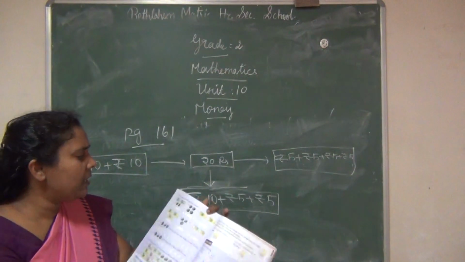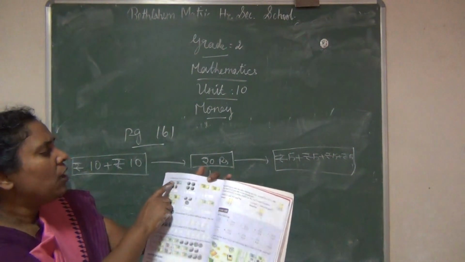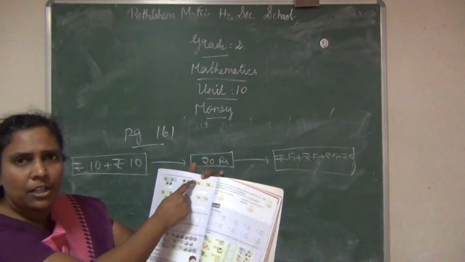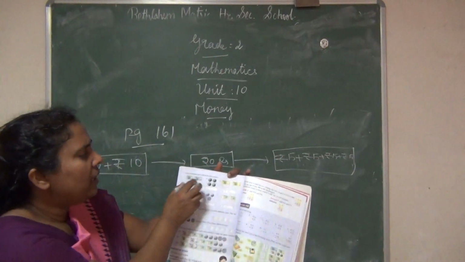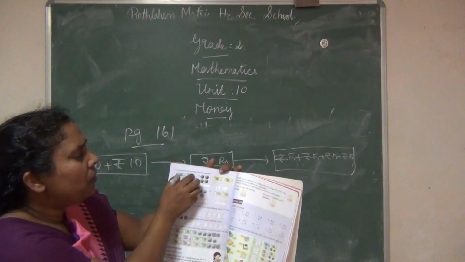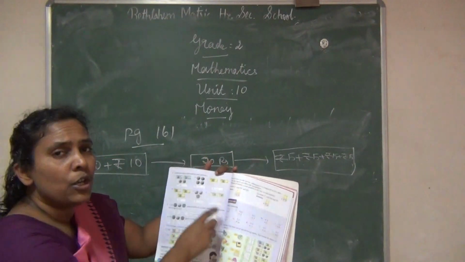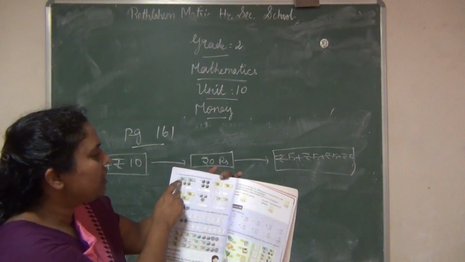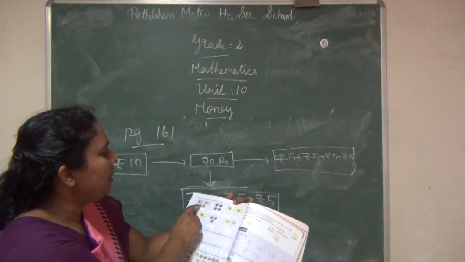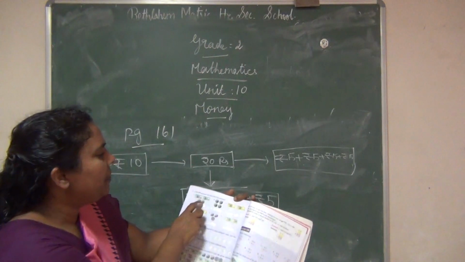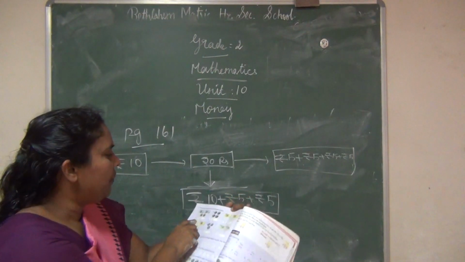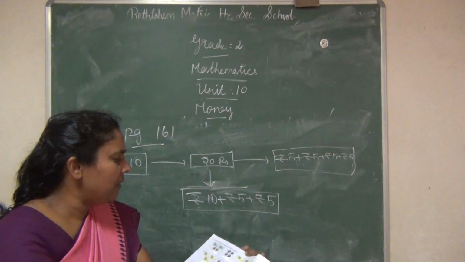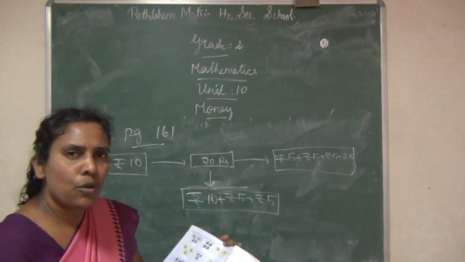Take page 162. Listen to the first one. Count the money and write the total amount. Here they gave the rupee notes and coins. You see, you should count. Here, what are the rupees here they given? 100 plus, 100 plus, 10 plus 10. You see, so if you are adding, you will get the answer 220.